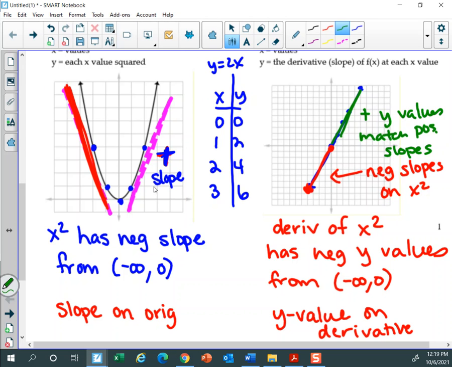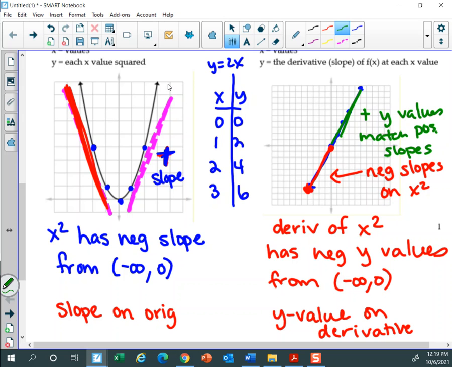Now, why this becomes important, why we care about this, is because we want to be able to look at an original function graph, and based on its slopes, match it to a graph of the derivative. So if I look at an original function and try to figure out where the graph of that function's derivative is, I should be looking at the slopes on the graph.